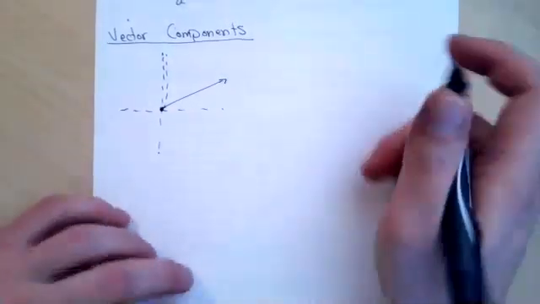Relative to this coordinate frame, we have an X direction, a Y direction, and in 3 dimensions, we'll have X, Y, and Z.